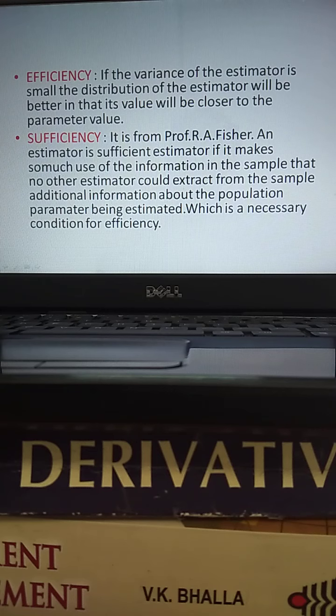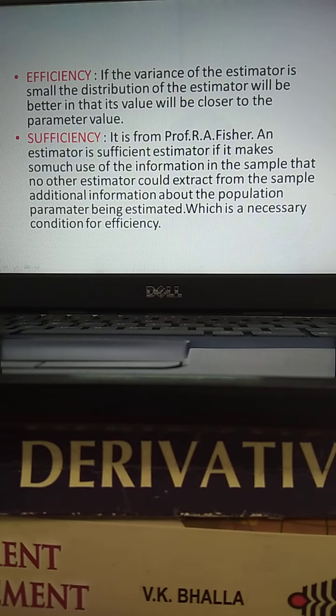The best realistic example for sufficiency is the comparison between a dictionary and an encyclopedia. In the dictionary, what do you find? Actually, the meaning of the word. But in the encyclopedia, you find the root word and other related information regarding the origin of that particular word.